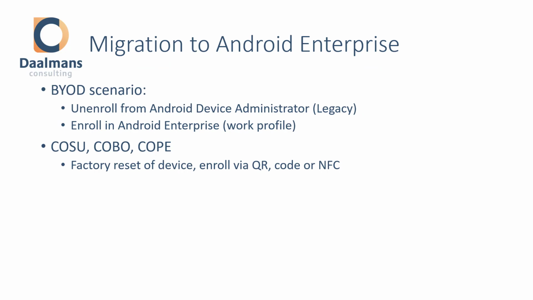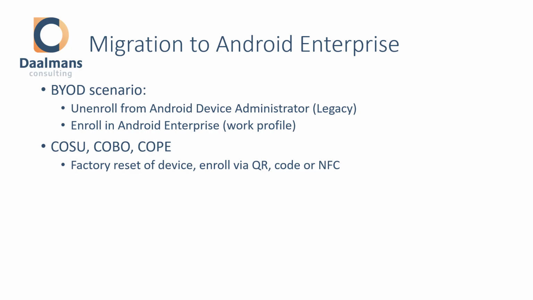So how do you migrate to Android Enterprise? Because this migration will impact the users, definitely. For the bring your own scenario, the users need to unenroll their device from Android Device Administrator and re-enroll the device into Android Enterprise with the work profile.